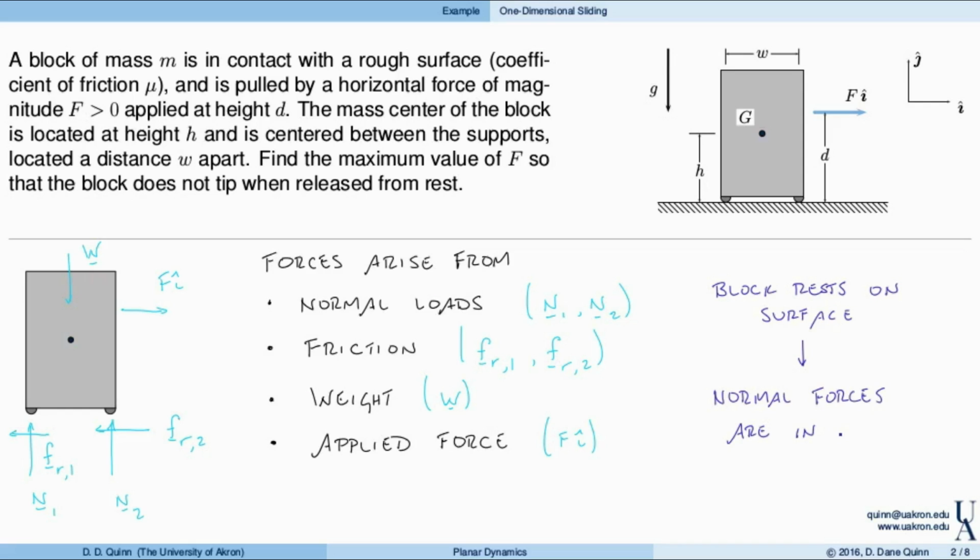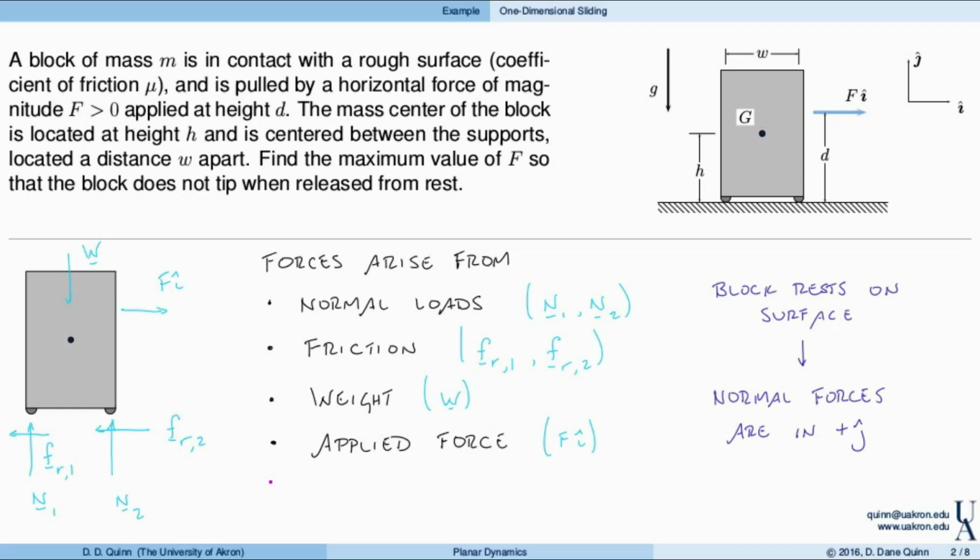Because if the normal forces were in the minus j direction, again here j is sort of up, that would imply that the surface was pulling the block down. So the forces would in some way be adhesive. Instead, as long as the block is resting on the surface and not tipping, these forces are directed up.